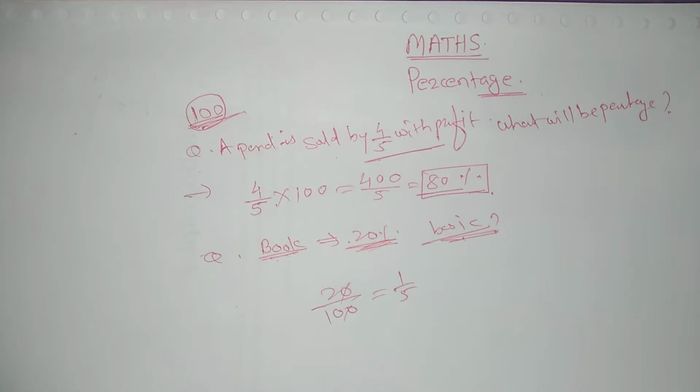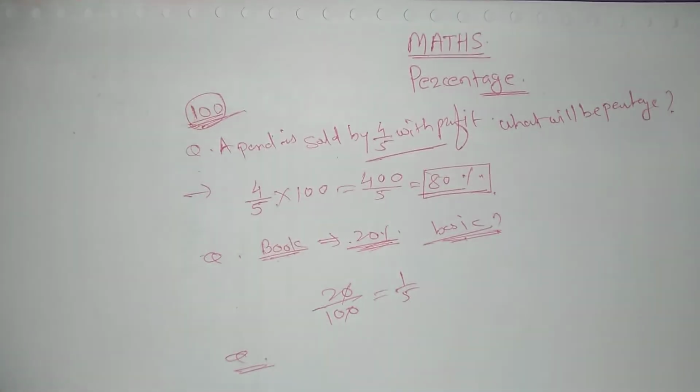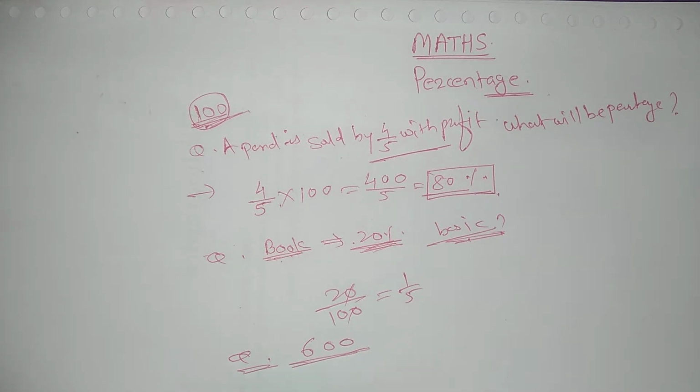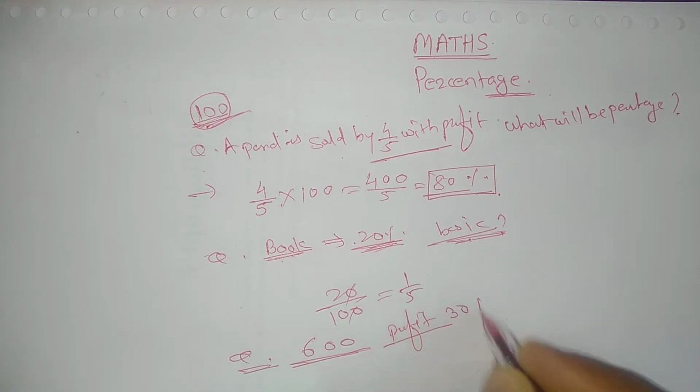After that, we'll see one more question. For the example, let's consider that the price is 600. This is one type of question. The price is 600 and the profit is 30%.